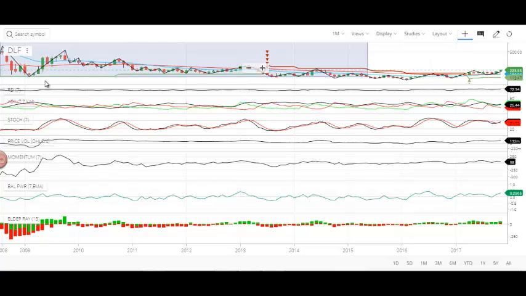Now, if you look at the historical price pattern of the stock, the stock had reached its peak in August 2008 itself, and at that time it was trading at nearly 580 rupees, and today it is trading at 223 rupees 85 paise.